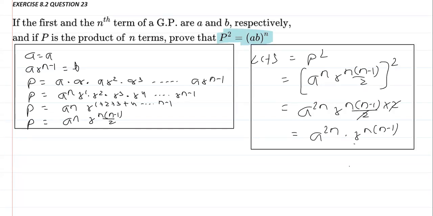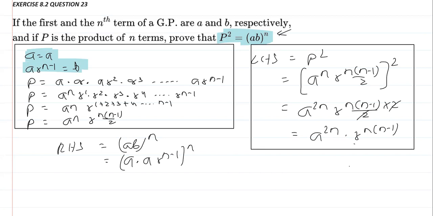Now coming to RHS, what do we have as RHS? As you can see from here, this is (AB) whole raised to the power n. So A is A only, and this is B. So A is A and B is replaced by AR raised to the power n minus 1. And then we have a whole power n as well. So A dot A is A square dot R raised to the power n minus 1, and then a whole power n, which you can further write as power over power is power multiplied, A raised to the power 2n, R raised to the power n into n minus 1.